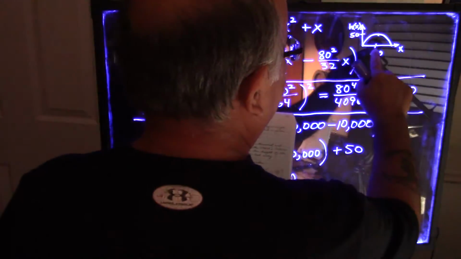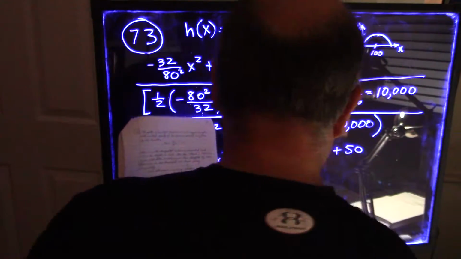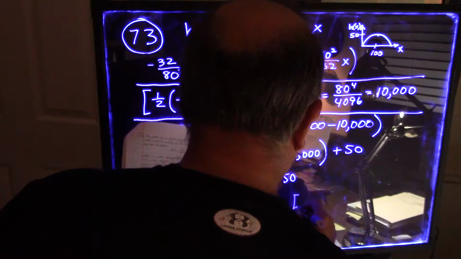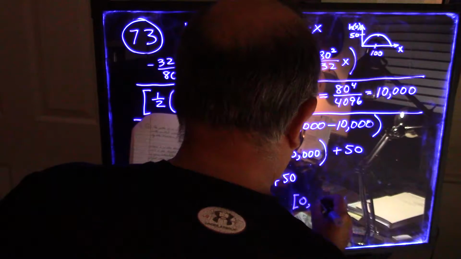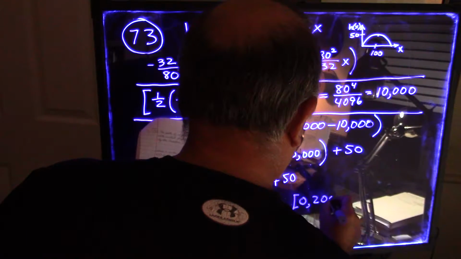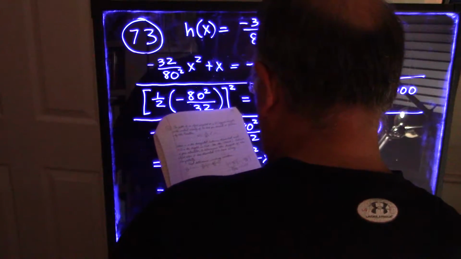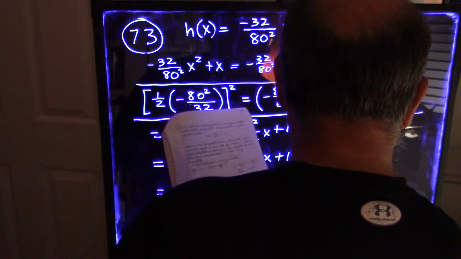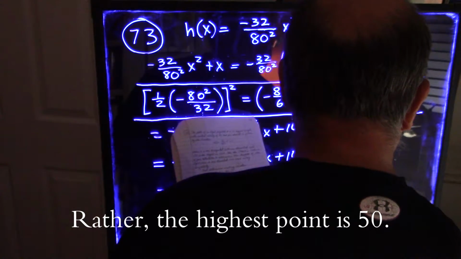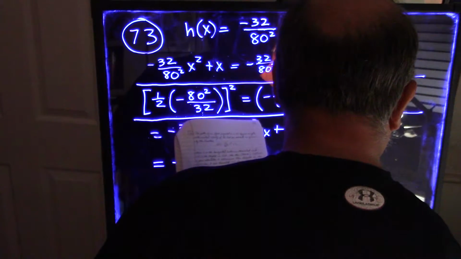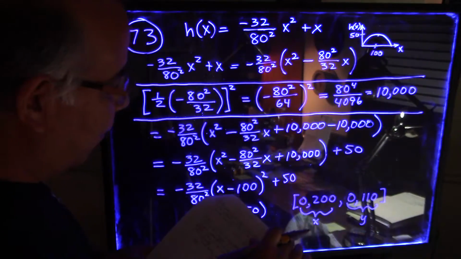If that's right in the middle of the parabola, let's try a viewing window going from 0 to 200 for the x values, and from 0 to 110 for the y values, because the highest point is 50. Putting 110 for the y values will get everything on the screen.